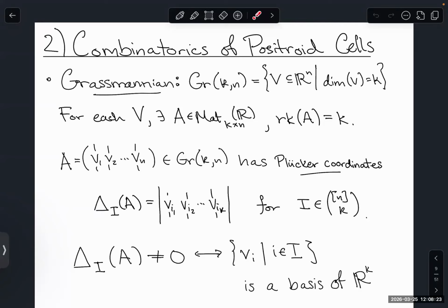One embedding that we care about is this Plücker embedding, where if we consider the column vectors of our matrix A, our point in the Grassmannian, we get these Plücker coordinates, which are the k by k maximal minors of A, where the index I is some k subset telling us which column vectors to include in this minor. And just a brief refresher on linear algebra, right? If our determinant is non-zero, if our k by k minor is non-zero, then those column vectors form a basis of Rk.